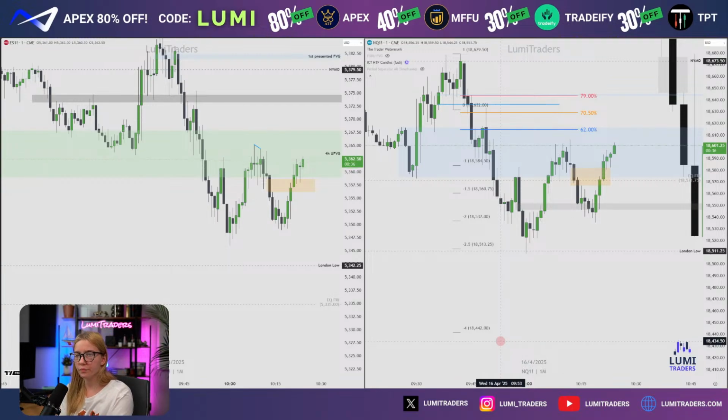Can keep waiting. The 5-minute chart is about to offer market structure. I hope so. At least it will be first confirmation for me. 15-minute chart trying to break above the mean threshold of the 15-minute order block.